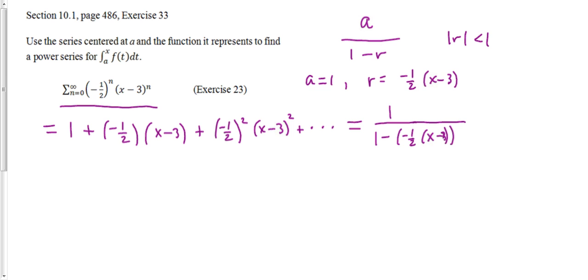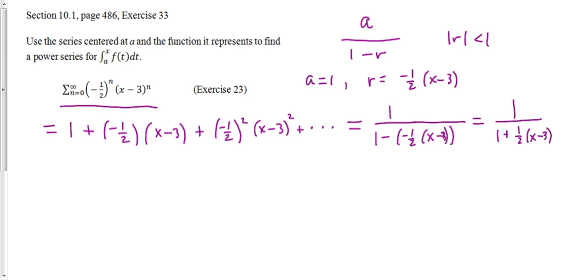Since we're really interested in what the function is, we can do some simplification. The first thing I'm going to do is get rid of that double negative sign in the denominator. So that's going to be 1 over 1 plus 1/2 times (x minus 3).